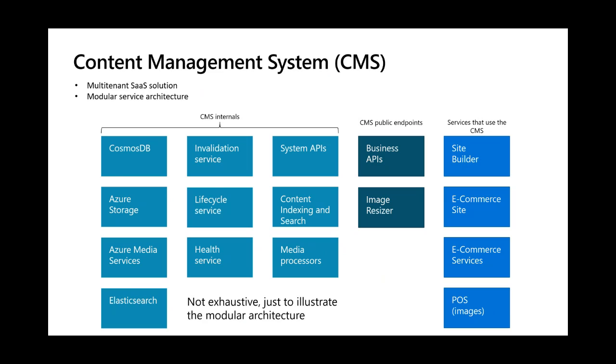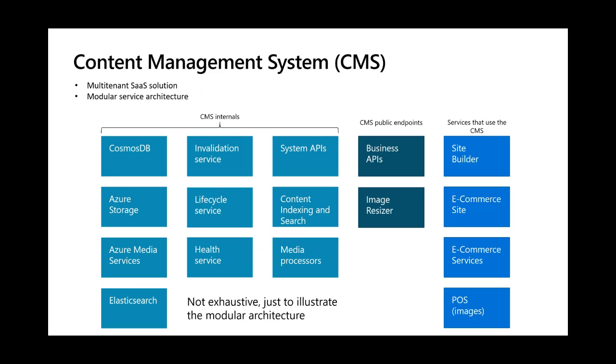And then on the left side, we can see, like I said, simplified view to the CMS internals. This is not exhaustive view by any means. It's just there to give you an example of the modular architecture. System APIs allow low-level document-level access to the content, and these system APIs are heavily used by the business APIs. Content indexing and search-related services are used by the site builder to allow content discovery for the content editors.